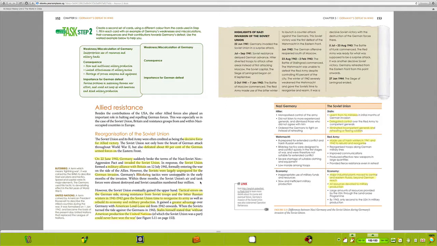We also looked at how Germany contributed to its own defeat through its ineffective command structure, inappropriate use of resources and military funds, heavy reliance on petrol, and having war on two fronts. Now, for this final part, we shall look at Allied resistance, and how it actually contributed to the downfall of Germany. Let's begin.